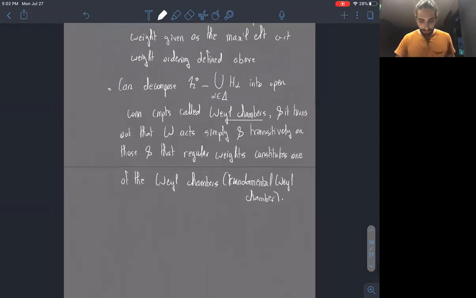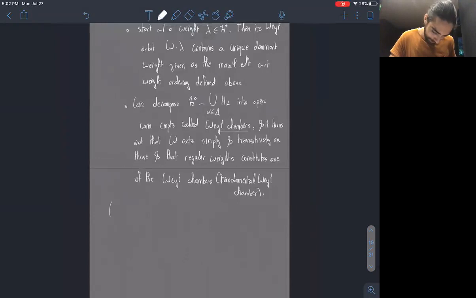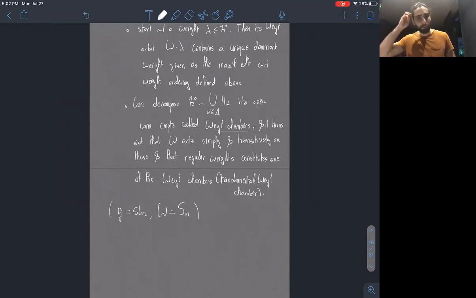Cool. And as a little quick example, if I take SL_n, then my Weyl group will actually just be the full symmetry group on n letters, and it will act on the torus, which is just diagonal matrices, by permuting them around.